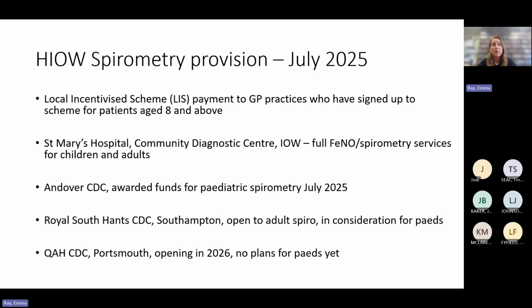GP practices get paid a lump sum of money for each spirometry test that they do, and that program of work included everybody over the age of 8, inclusive of 8 year olds. So if in a GP practice you could deliver spirometry to children aged 8 and above, you get that payment.